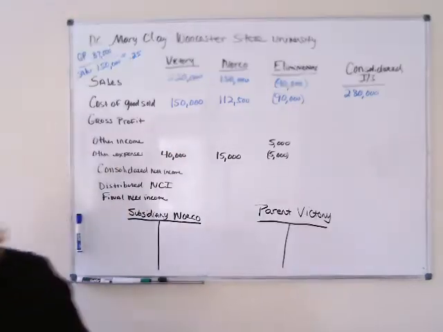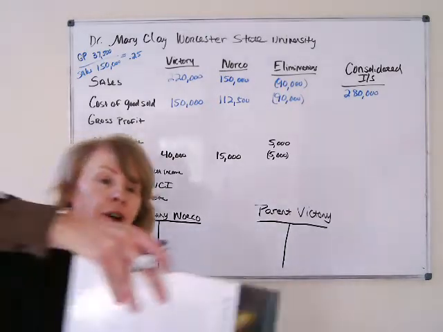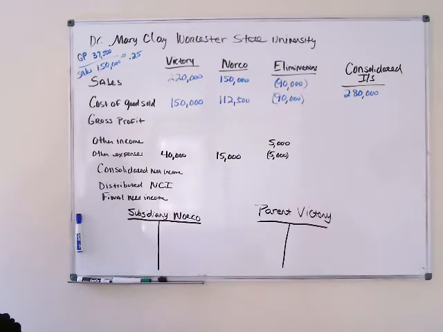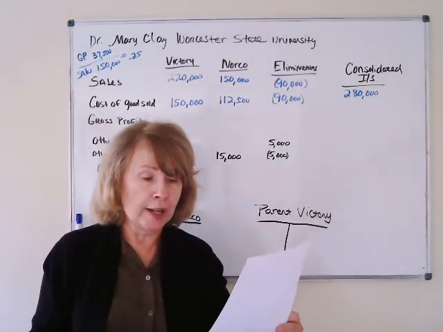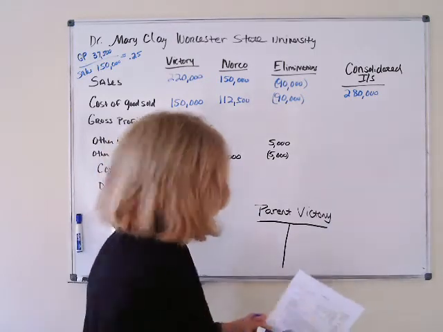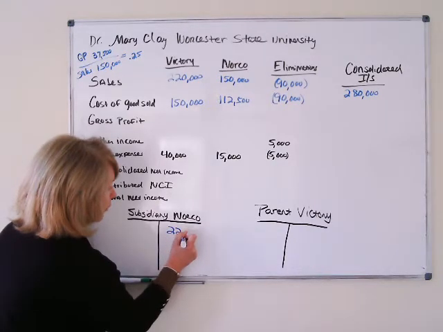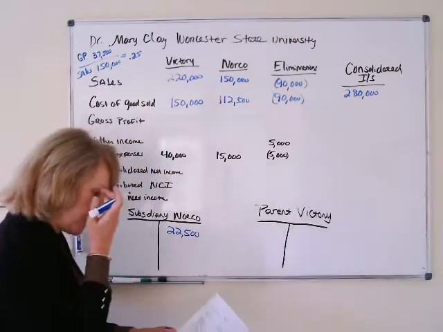We get that by taking the $37,500 gross profit and subtracting out the other expenses. When we do, internally generated net income for Norge is $22,500. So I put in the $22,500. That's at 100%. Don't take out any percentage yet.